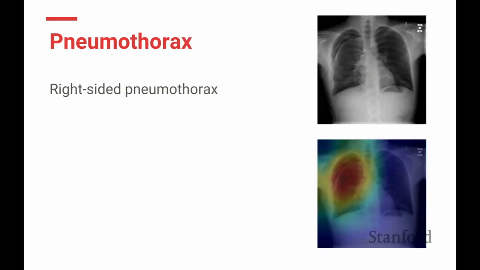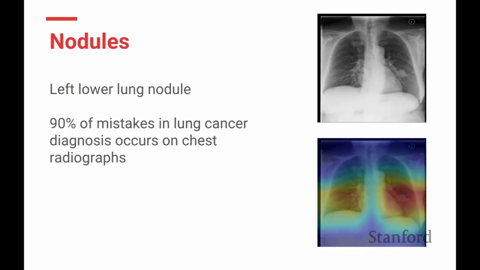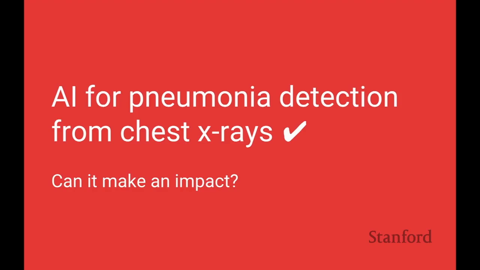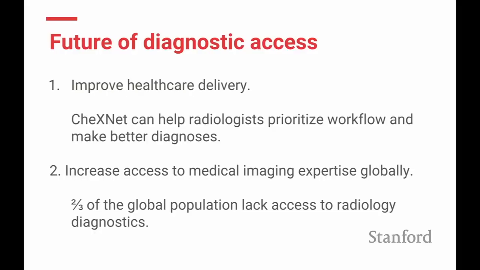Here's one in which it's able to find a collapsed right lung. Here's one in which it's able to find a small cancer. And here the goal is to improve healthcare delivery, where in the developed world, one of the things that's useful is to prioritize the workflow, making sure the radiologists get to the patients most in need of care before ones whose X-rays look more normal.